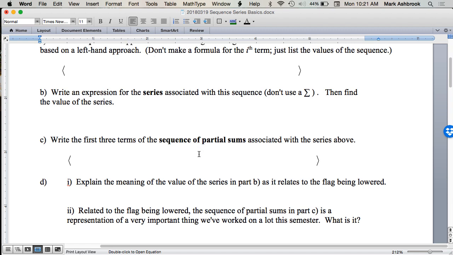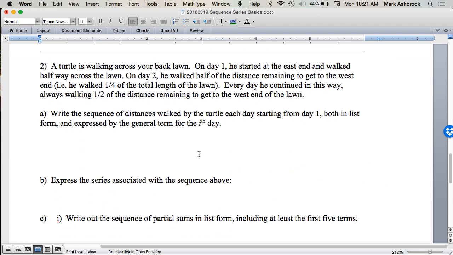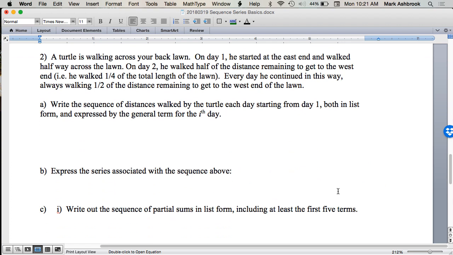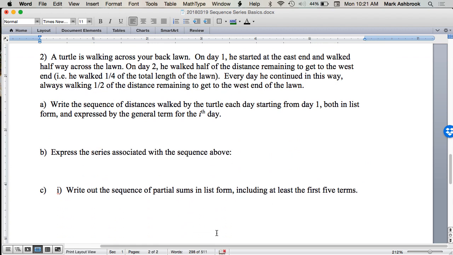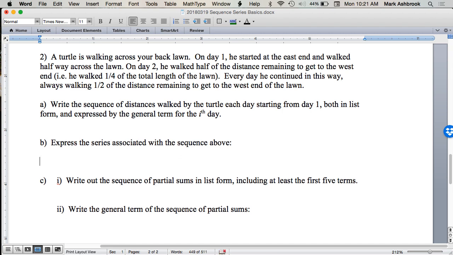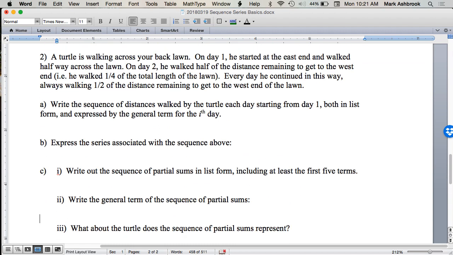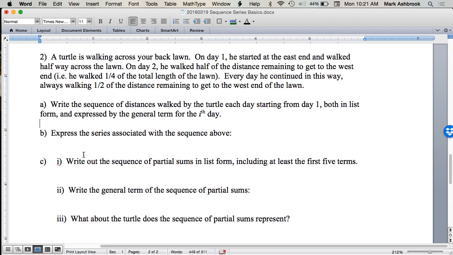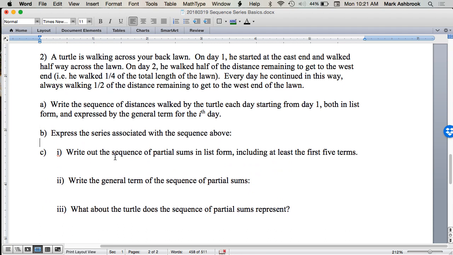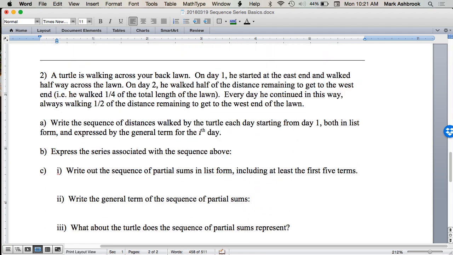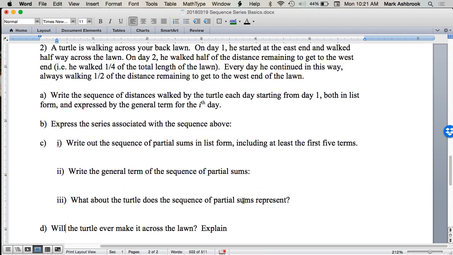Okay, so I have another activity for you to work on here in groups. Okay, so see if we can get through this.